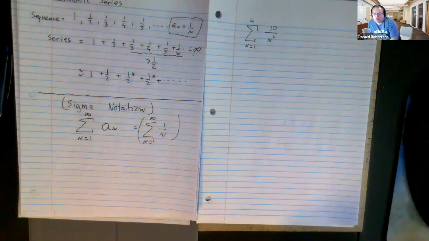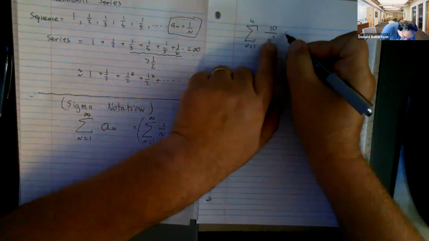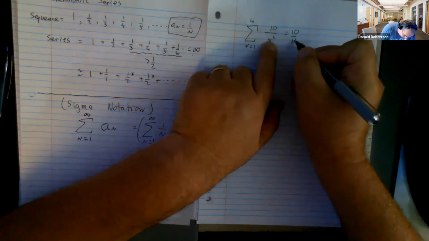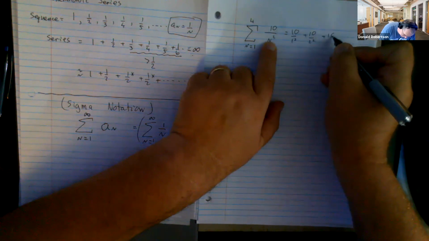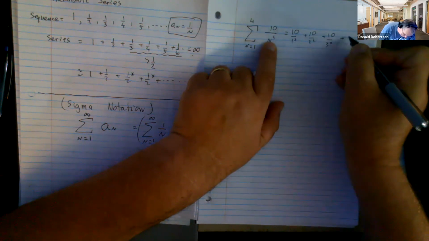Do you notice that the top number is not infinity now, it's 4? So wouldn't that mean you're basically only going to add up the first 4 terms in this sequence? And since these are pretty easy numbers, it's 10 over 1 squared plus 10 over 2 squared plus 10 over 3 squared plus 10 over 4 squared.